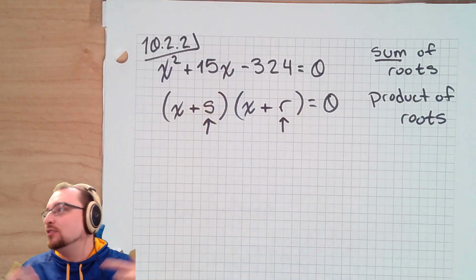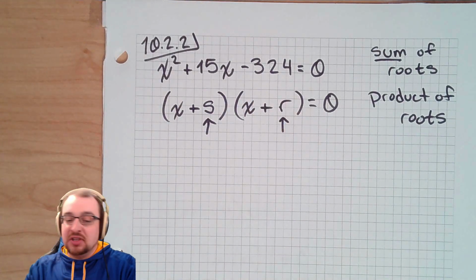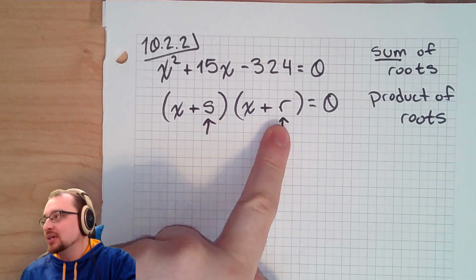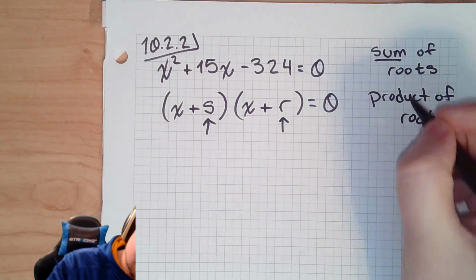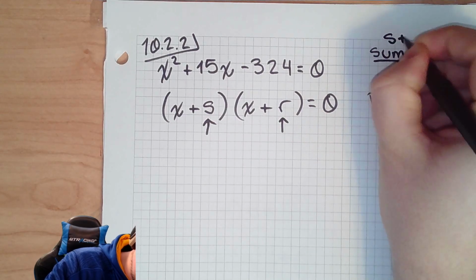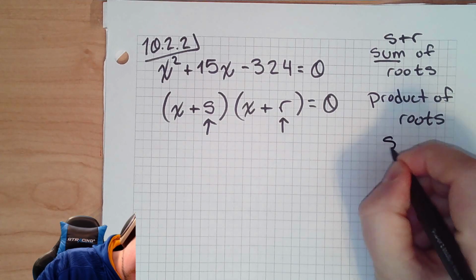And they're going to add to 15, right? We could list out a bunch of numbers that multiply to this and then pick ones, right? But this is what it would look like. It'd be something here and something there. Cool, right? So if they want the sum of the roots, they want to know this. Sum of roots means this, s plus r, whatever those two numbers are, right? And the product means multiplying.